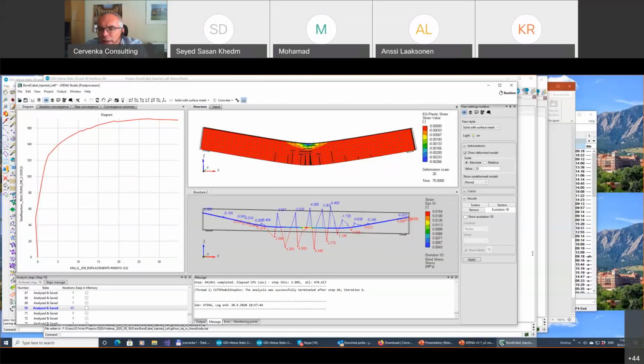Well, actually now, with this version 5.7, you remember I told you that we have the possibility to use one-dimensional beam elements. So it is possible to use these beam elements also to simulate this embedded reinforcement.